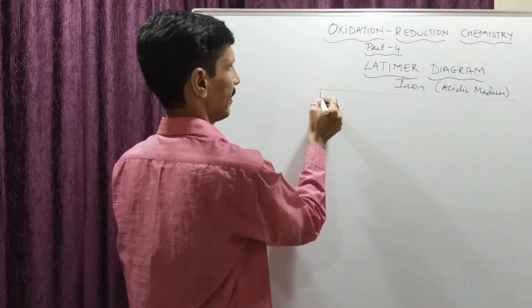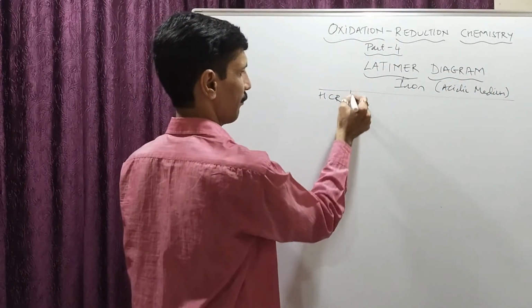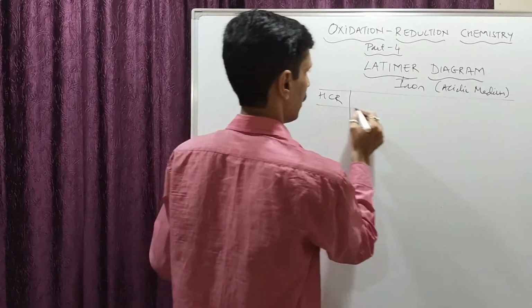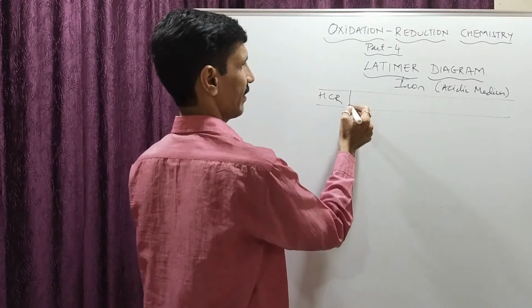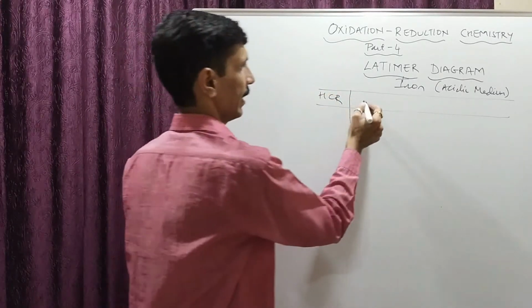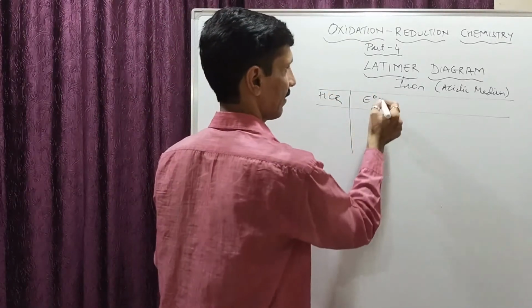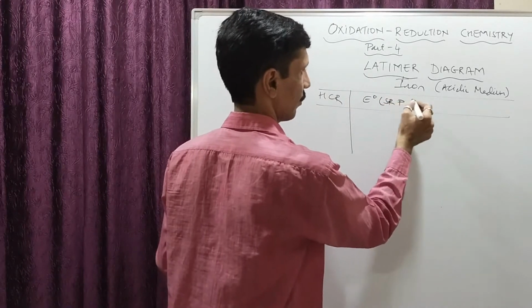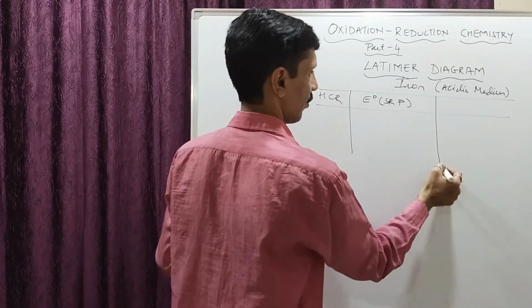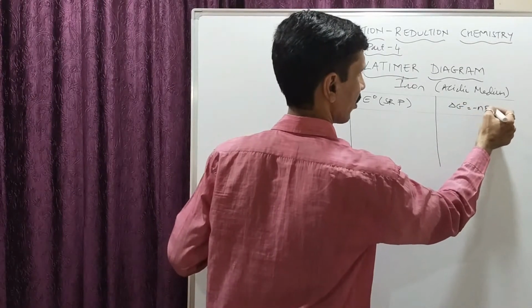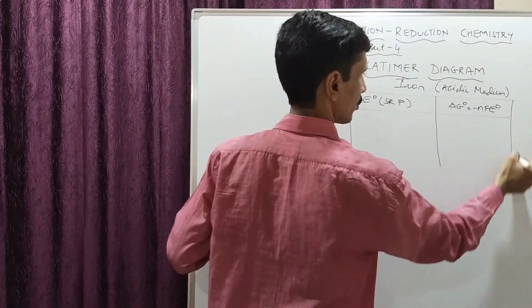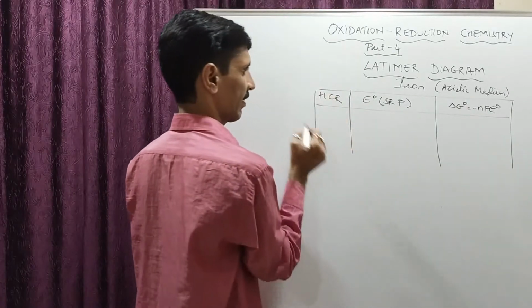The half cell reaction is the first column. The second column is about the E0 values, that is, of course, the SRP values. And then we will also be talking about delta G0, the formula of which is minus nFE0. Okay, so this is what we are going to consider.